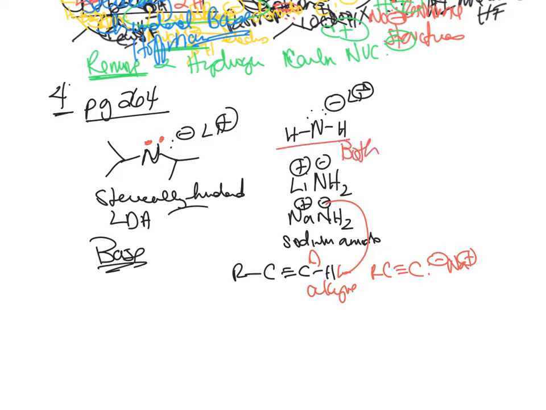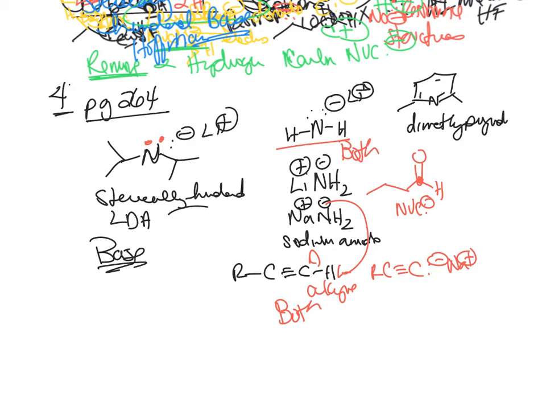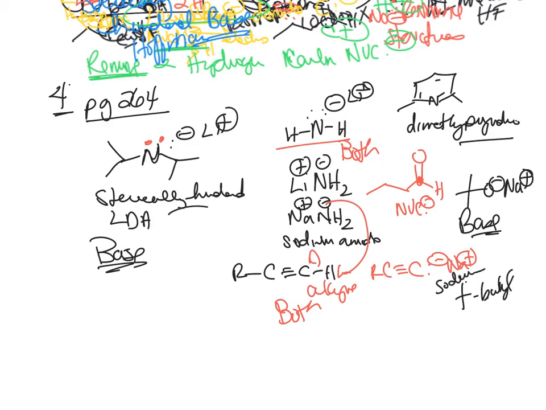It's still small enough that it could also go after the carbonyl here and act as a nucleophile. So this one's both. This one would be a base, okay? Dimethylpyridine, okay? And then this one here is a Hoffman base, okay? So that's tert-butyl, well, it's actually sodium tert-butoxide. You've also seen it with potassium.